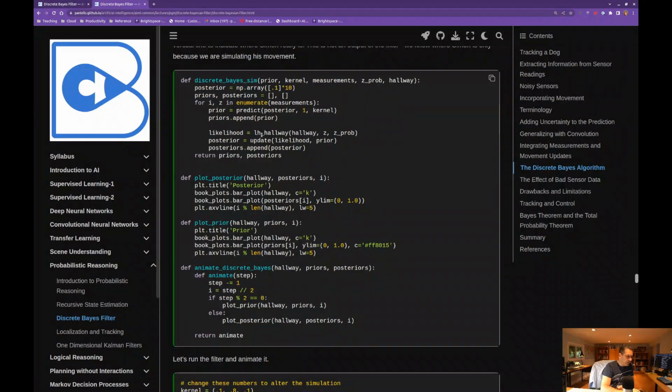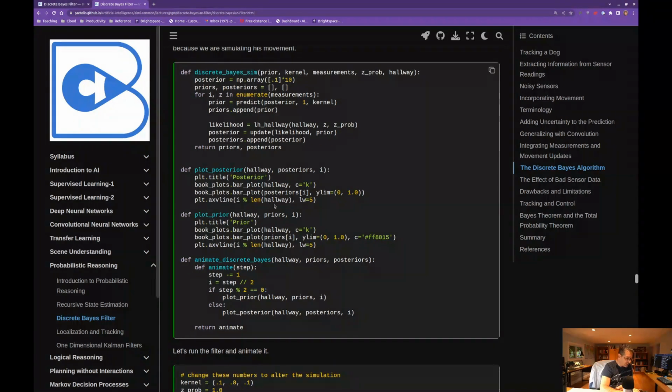And with the update step, we are considering the likelihood, which of course brings in the measurement, and the belief hat to form the update, as we have also seen in a handwritten form of this Bayes filter earlier. And therefore we are returning both the priors and the posteriors, because we would also like to be able to plot them and create some form of an animation.